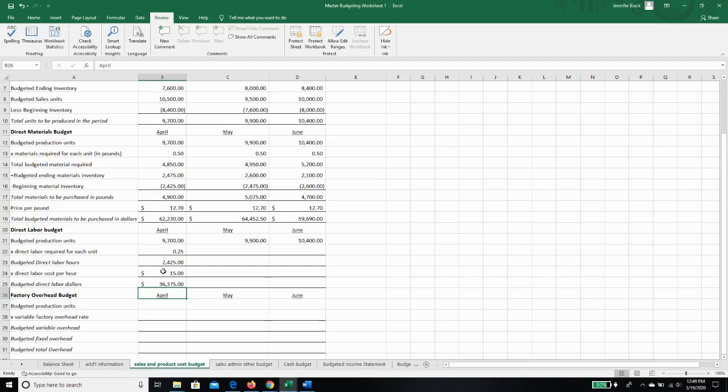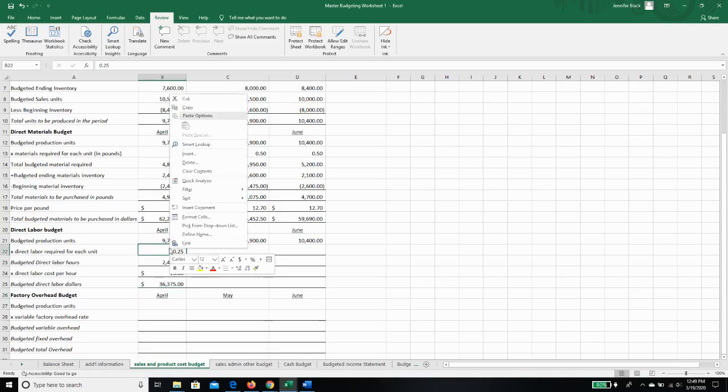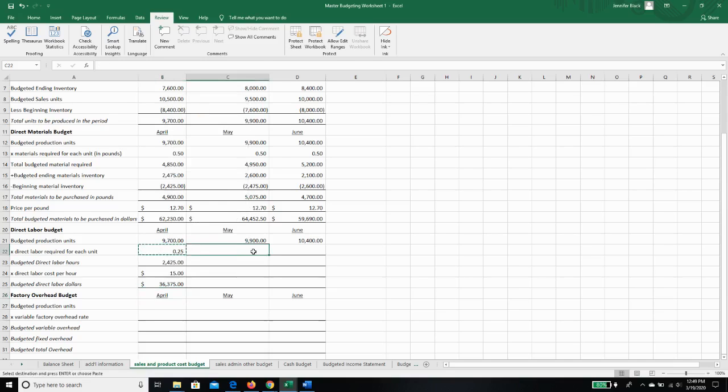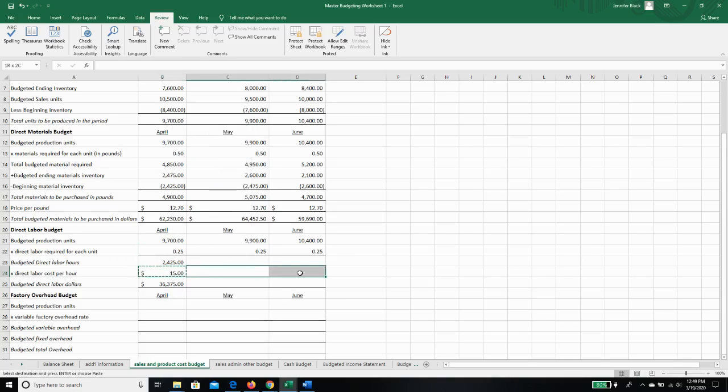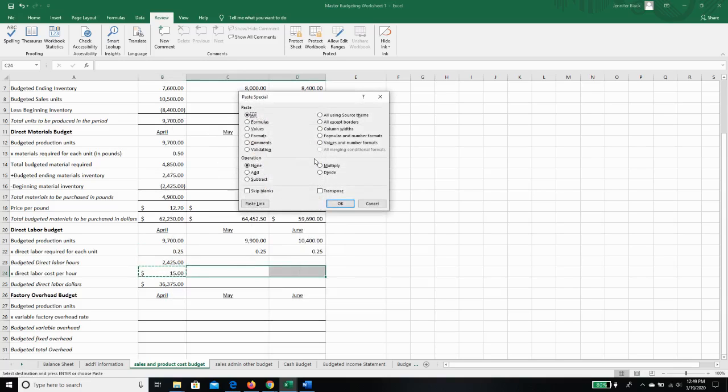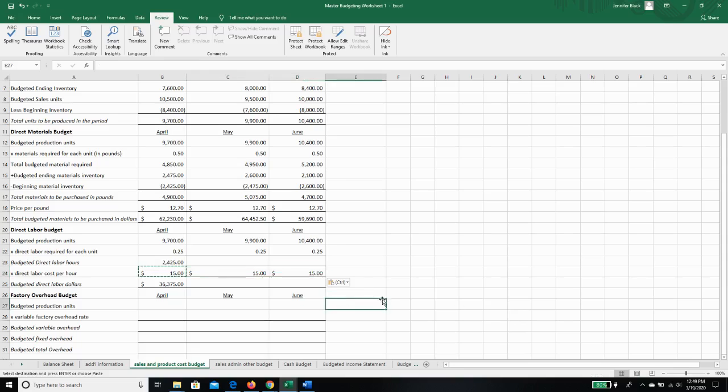Okay, we're back. So I'm going to finish my direct labor budget. I'm going to copy over the quarter of an hour because that's not going to change, and the $15 an hour, which is also not going to change. Okay.